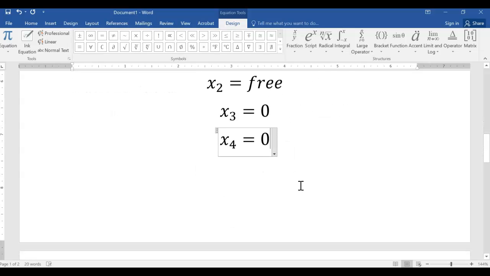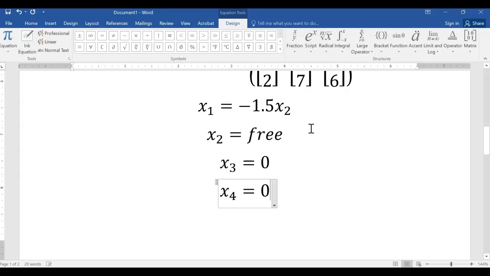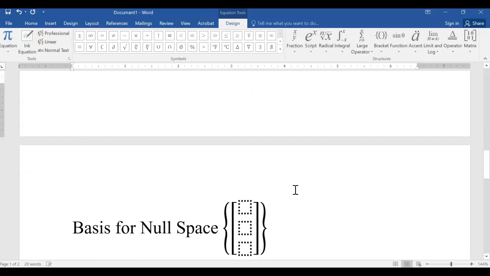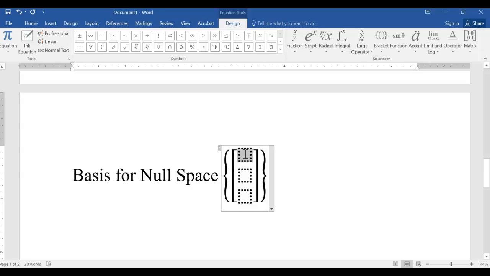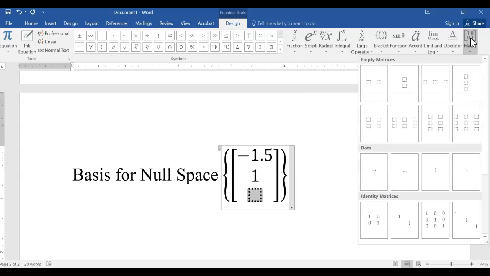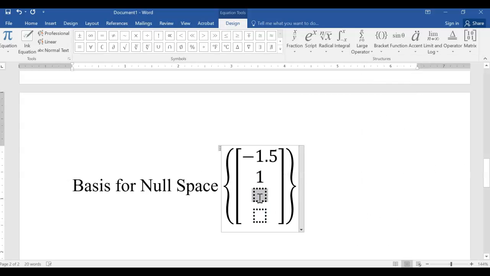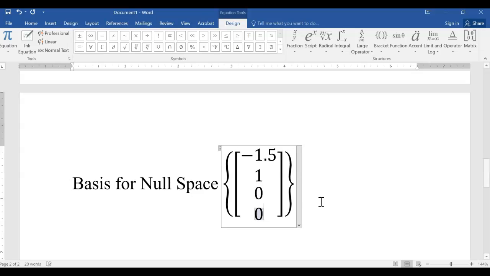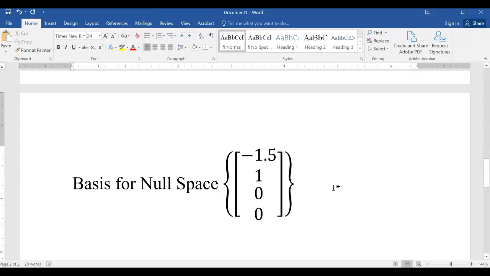So what we would have in the parametric solution is a vector, negative 1.5, 1, 0, 0, multiplied times x2. And so a basis for the null space is negative 1.5, 1, 0, 0. So this four-dimensional vector would be a basis for the null space.